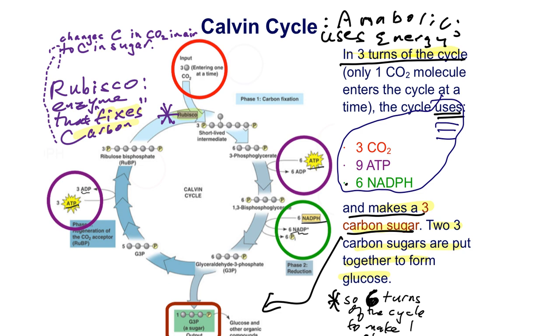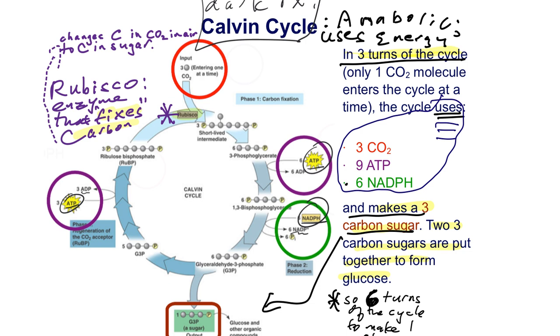So this is the complicated-looking picture of the dark reactions, also called the Calvin cycle. First of all, the most important thing to realize is that those energy molecules, ATP and NADPH, are now going to be discharged.